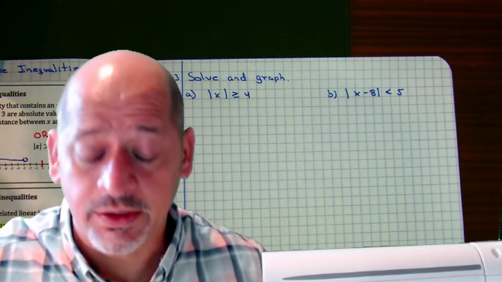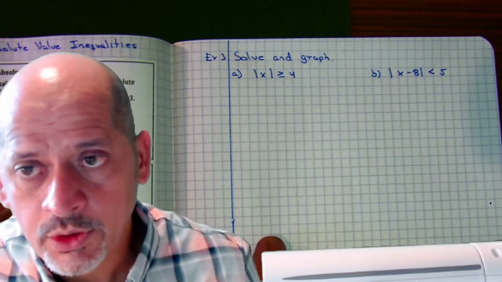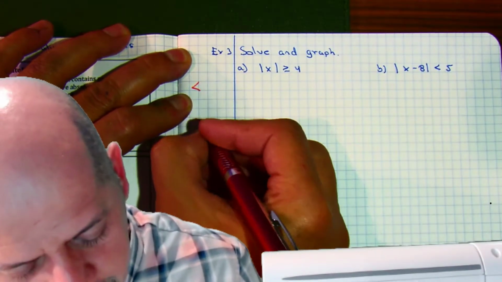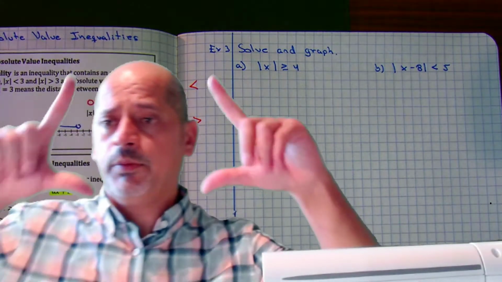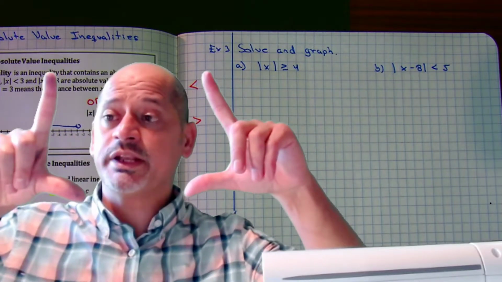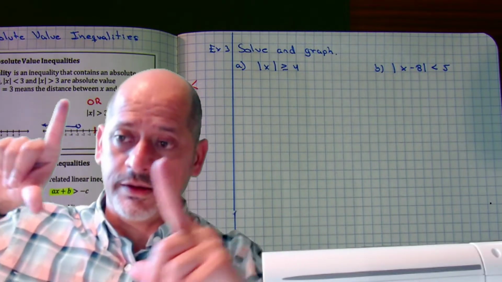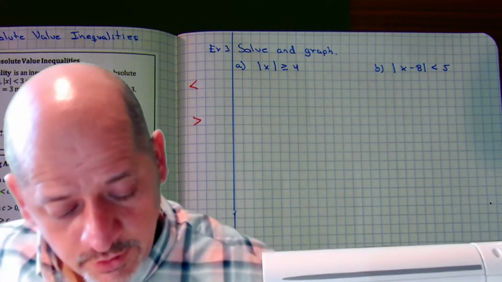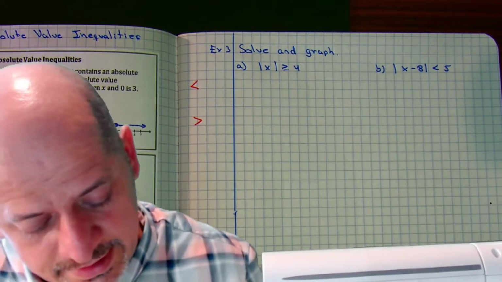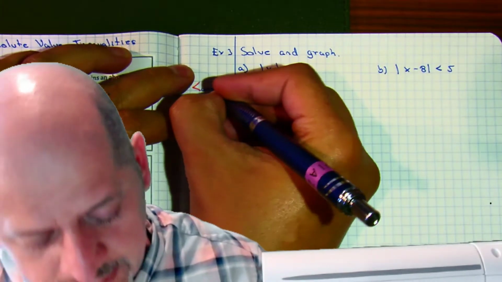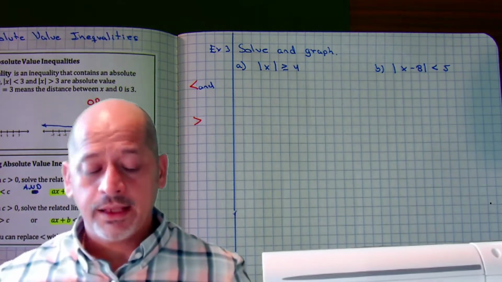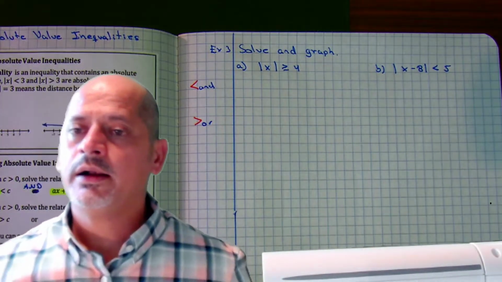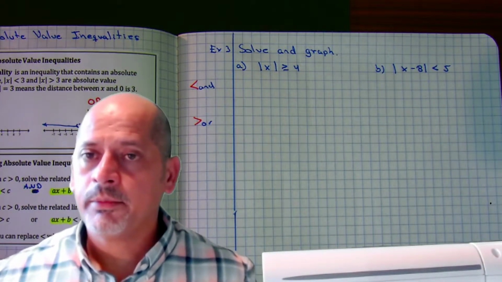So let's see. Let's go and write down on the left. Less than or greater than. So place your hands like this. Which one forms an L? That one forms an L. So therefore, that one is an and, less than, and this one is like a T-tor, greater.